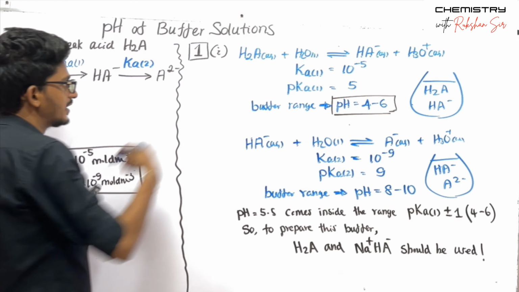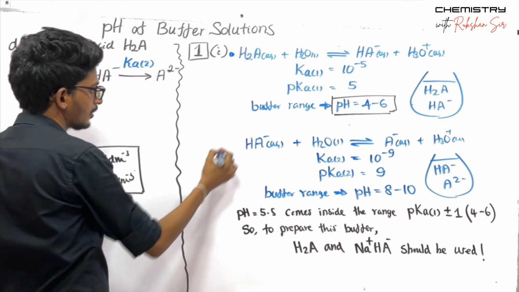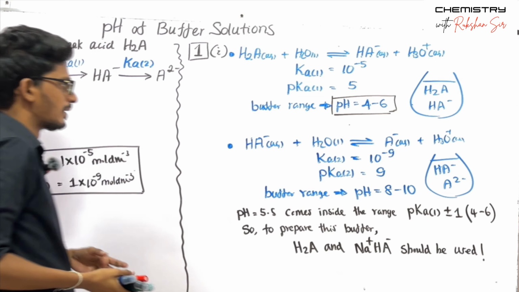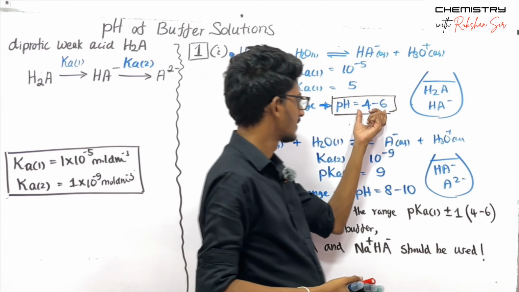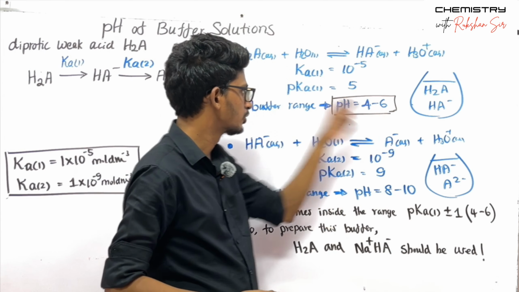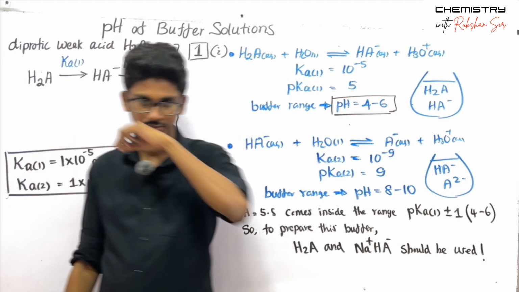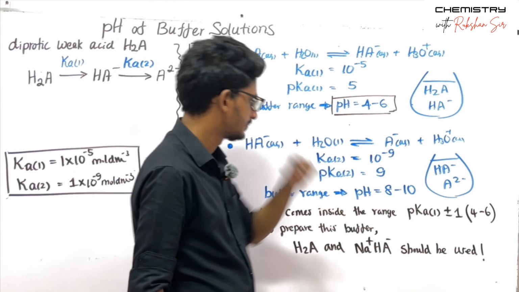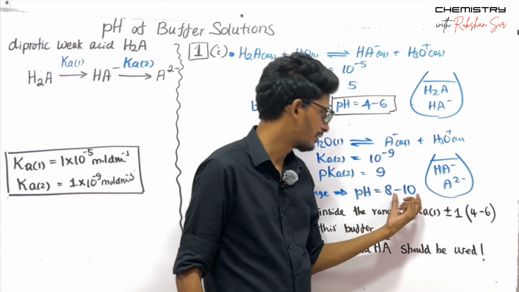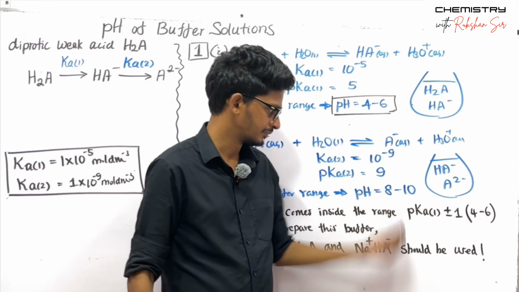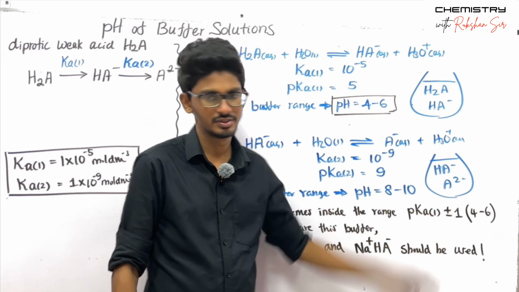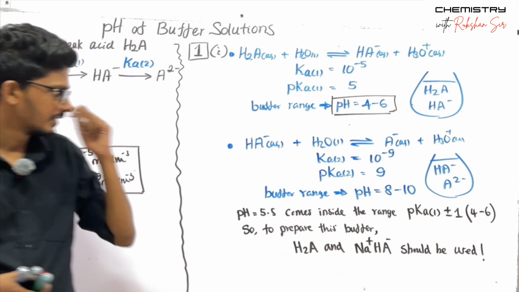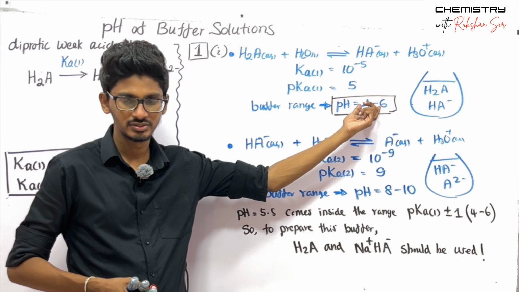I wish you got the idea of this buffer range. Right? Buffer range means in this range you can prepare any buffer with the use of these two guys. For this equilibrium, you can prepare any buffer in the range of 8 to 10 with the use of these two guys. So our wanted buffer is with pH 5.5 that comes inside the range of this one.